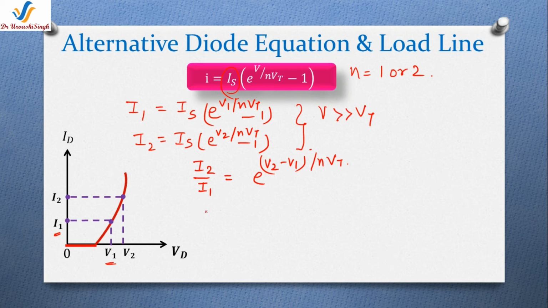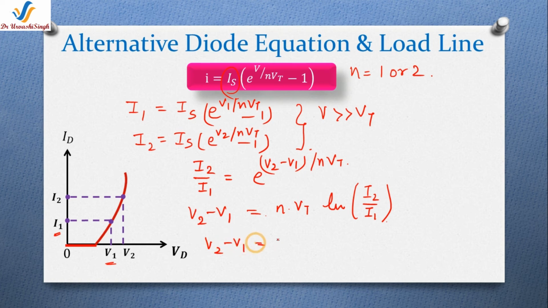And once again writing it as V2 minus V1, it will be N Vt times the natural log of I2 upon I1. Here this natural log will be transformed into log base 10, so we get V2 minus V1 equals 2.3 N Vt times log base 10 of I2 upon I1.